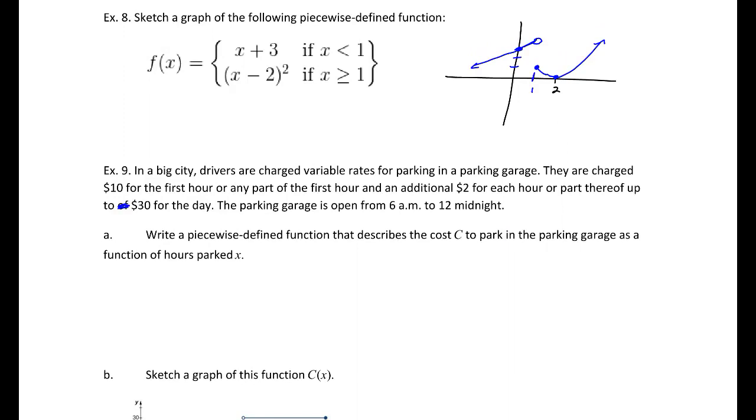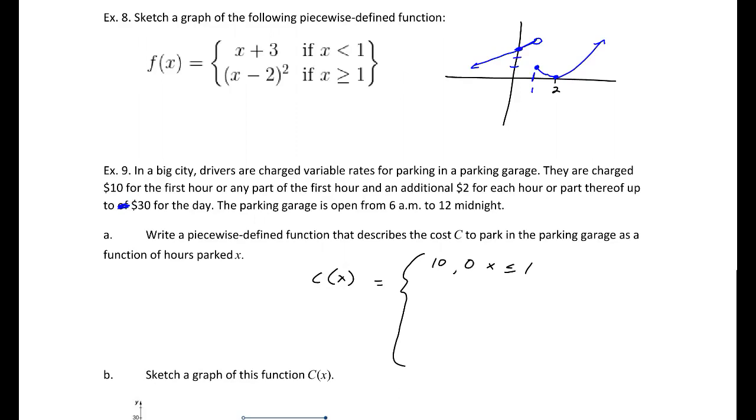Okay, the way this cost function, C of x, is going to be defined, let's write that differently. We have a pretty big function actually. It's $10 as long as x is between 0 and 1, actually including 1. Up to that first hour, it's $10.